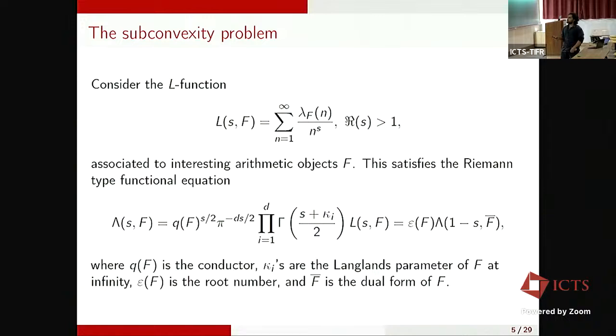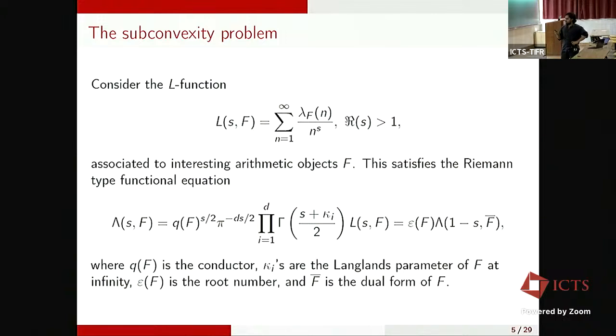If you take the completed L-function, where Q_f is the conductor, you have the product over the gamma factors, and the kappa_i's are the Langlands parameters. This completed L-function satisfies a relation relating its value at s to 1 minus s. The right-hand side also has the root number associated to f.